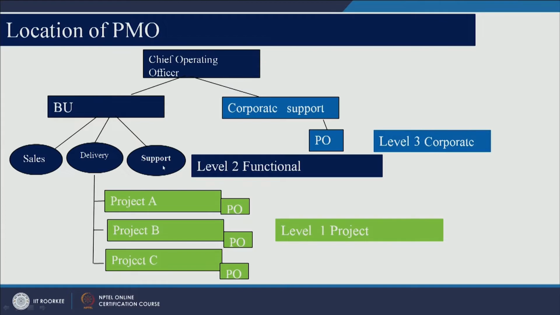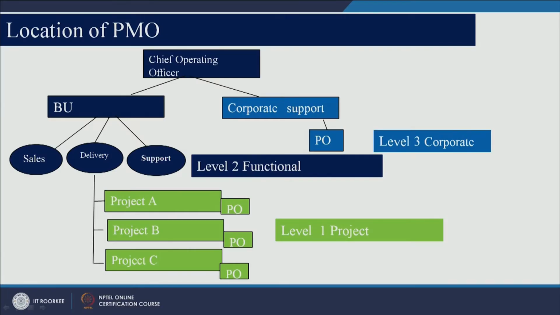So you can also have a project office at functional level, not at corporate level, or you can have a project office at project level. You can have project A with its project office, project B with its project office. Now if a project is large and has several sub projects, then you can have a project office even at that level.